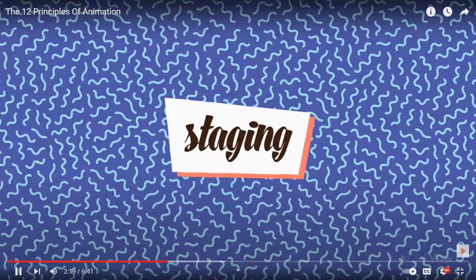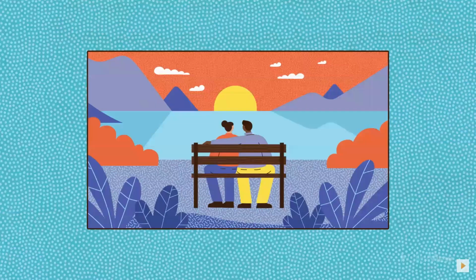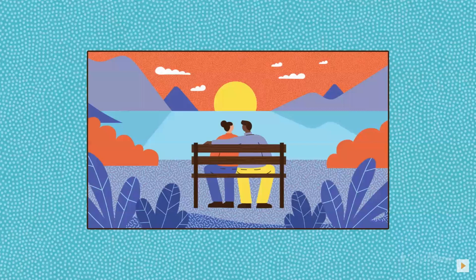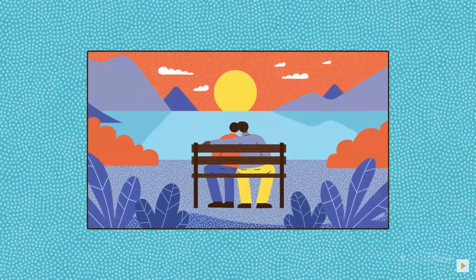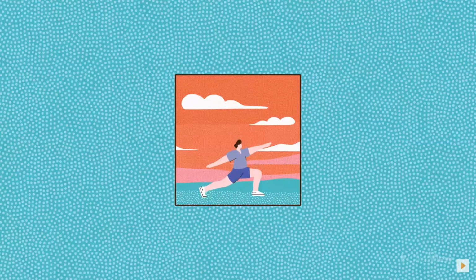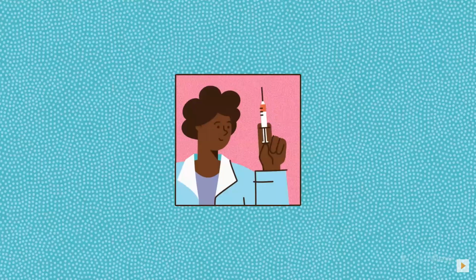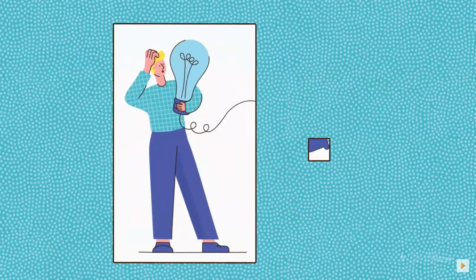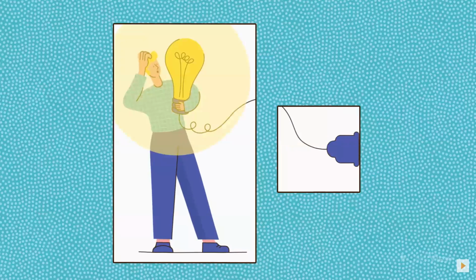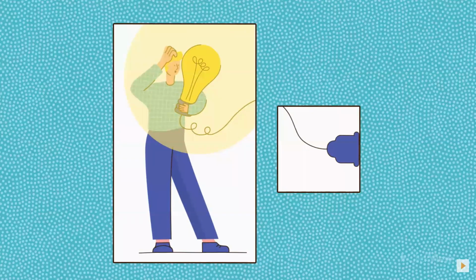Staging. This principle refers to the way that we present or frame an idea, so it's easily understood by the audience. There are many ways we can apply staging to an animation. It can be through acting, setting, camera angle, timing, or any combination of these techniques.